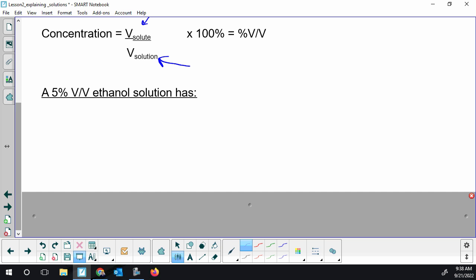So if we're not getting into a question, we're just kind of getting comfortable with the wording. If you did have a 5% volume to volume ethanol solution, the 5%, we can think of it as 5 parts of ethanol per 100.